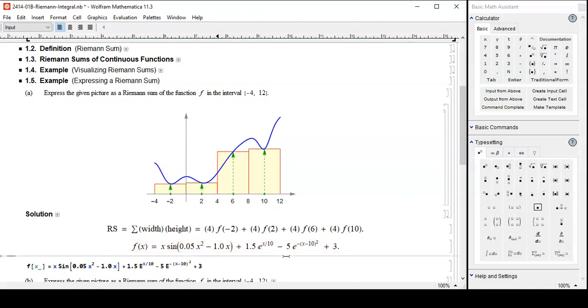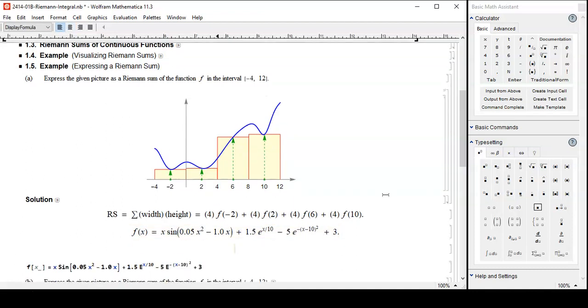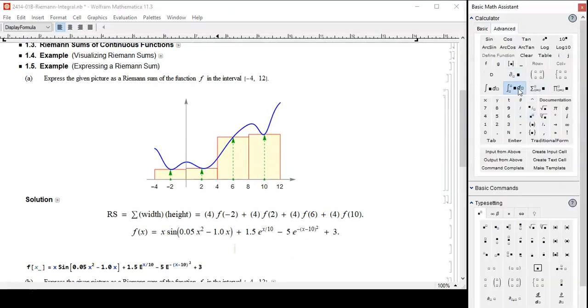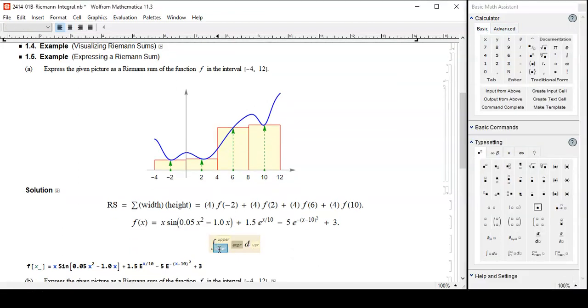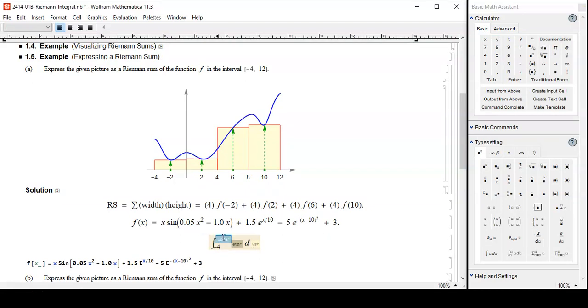And then, of course, you're looking for the definite integral from -4 to 12 of f of x dx. And then trying to calculate this using the fundamental theorem of calculus, hey, that's crazy.